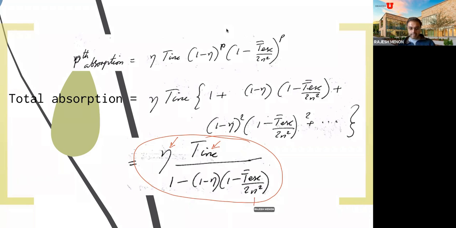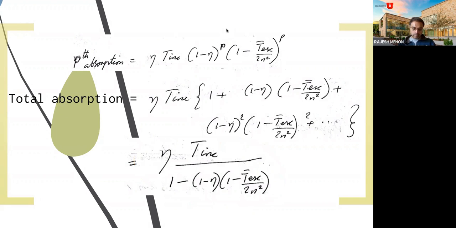You want to make sure this N is as high as possible, but you don't have much control over it. It's just a choice of material, right? And you also want to make sure that this T bar escape is as small as possible, so you lose as little light as possible from the top interface. Again, you don't have a lot of control over that at this point anyway. There are ways to do it. So really, you think about eta and T incident.